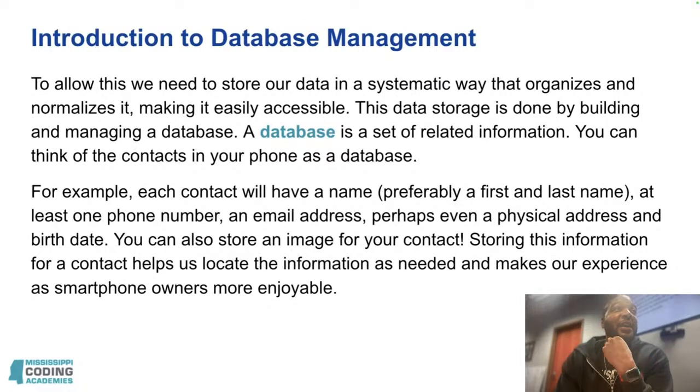You can think of the contacts in your phone as a database, and that's what it is. For example, each contact will have a name, preferably a first and last name, at least one phone number, an email address, perhaps even a physical address and birth date. We can also store an image for your contact.